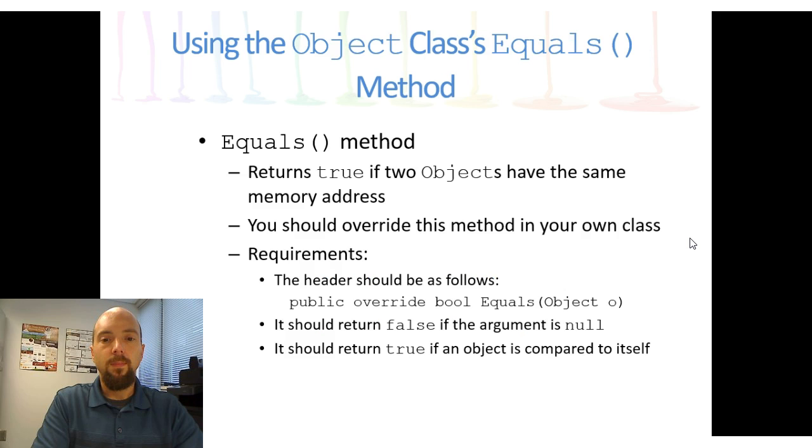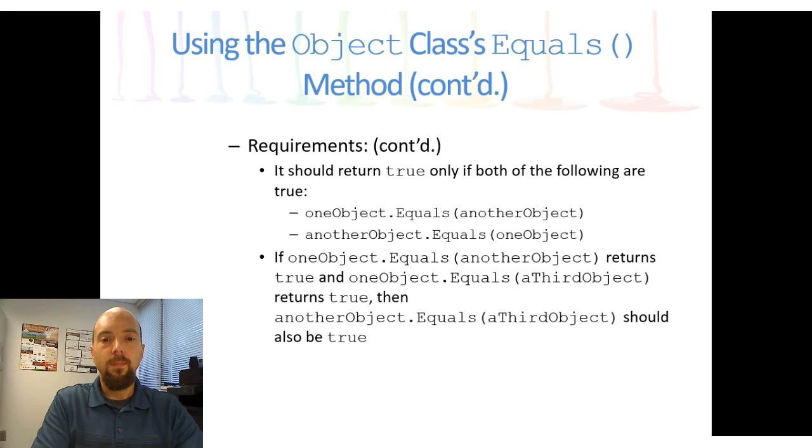We can see if two things are equal or not, and it will return a true Boolean output if the two of them are equal to each other. If the two of them are equal, then they'll be true. Otherwise, it's going to send back a Boolean false. It'll compare the two objects, see if their attributes are equal to each other, and if they are, then it returns a true.